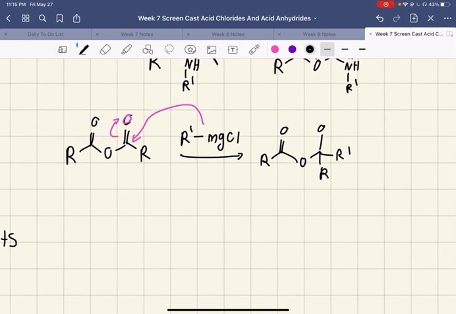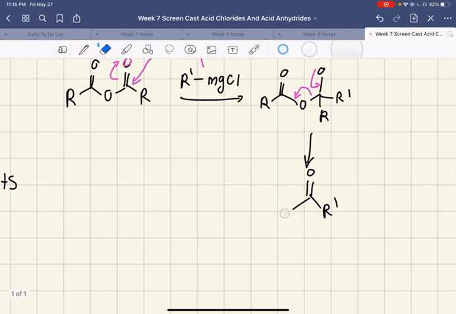Now expelling will occur again, just like the reaction above. Here is a product. Now depending on how much Grignard you use, you can either stop at this or we can keep going.